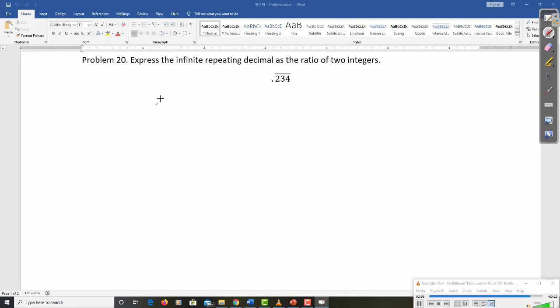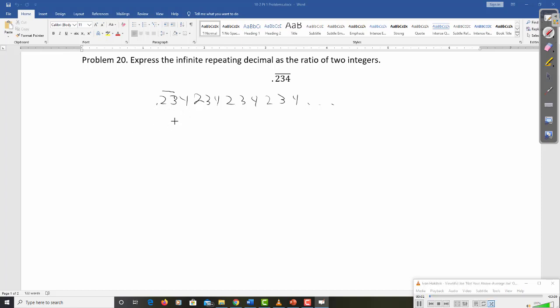So if you have an infinite repeating decimal, so 234, 234, 234, etc. In college algebra, we know how to convert a fraction to an infinite repeating decimal just by division, but you don't really talk about how to convert back.